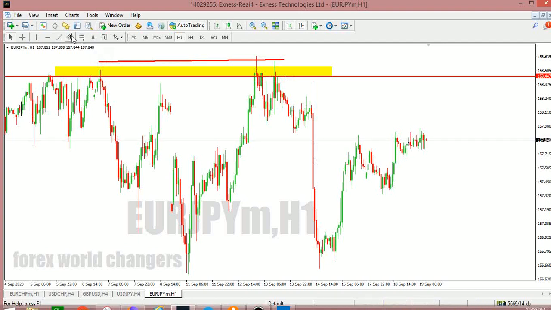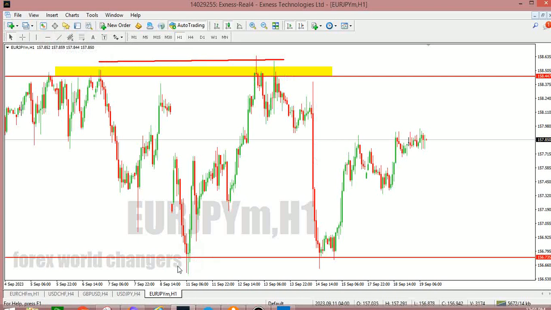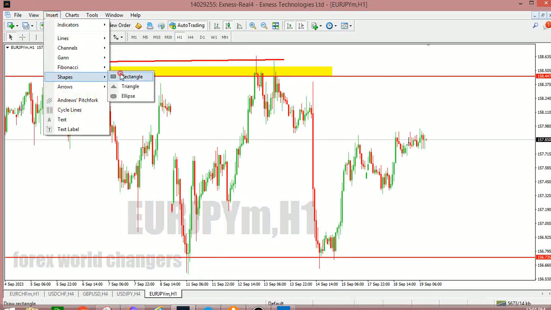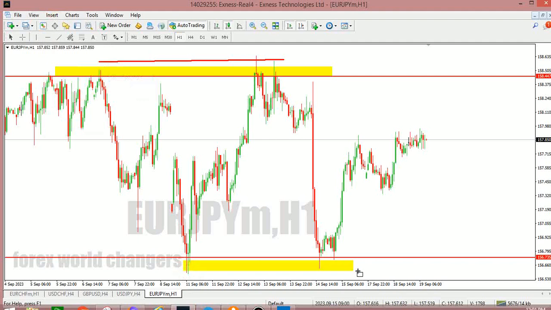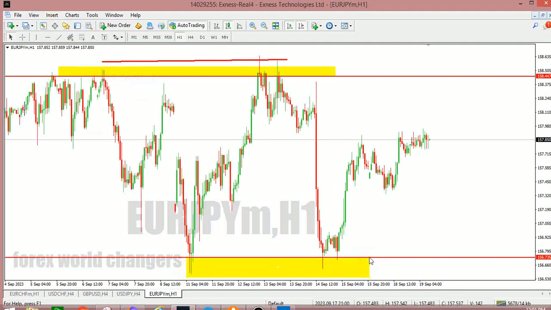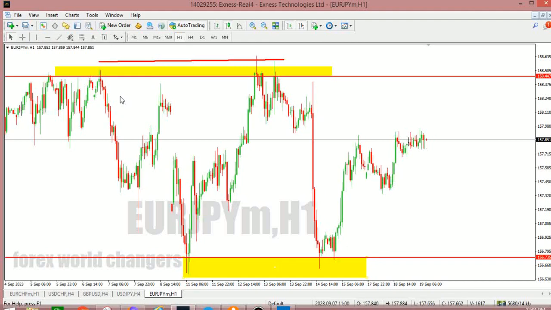A lot of people who start forex trading with basic support and resistance end up giving up, because whenever they take a right trade, it first hits their stop loss and then the trade goes in the right direction. There's a way you can see where they trap the traders and where the stop hunts are. It's very simple, it's very easy, and I'm going to explain it for you.